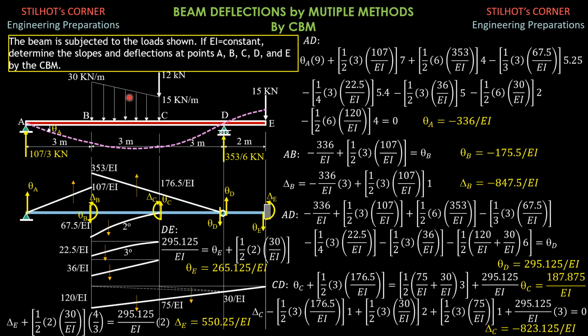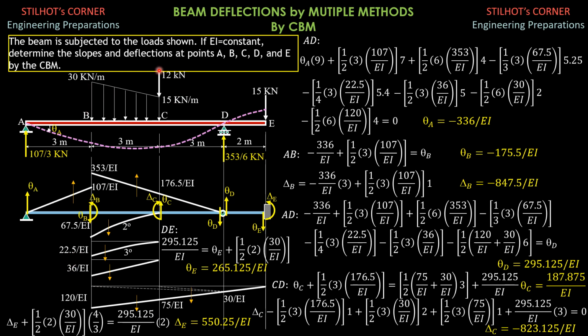Then the moment due to the uniform load, we divide this trapezoidal loading into two parts. One is the uniform 15 kilonewton per meter load, so 15 times 3 times 1.5 is 67.5 over EI, and this is a second degree curve. For the triangular loading, 1/2 of 3 times 15, 30 minus 15 is 15 also, times 1, so 22.5 over EI.